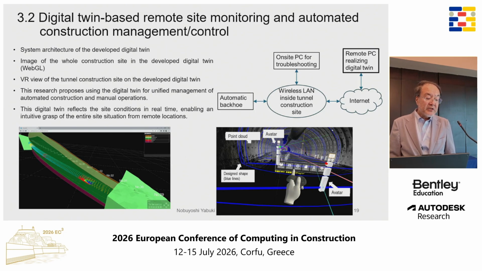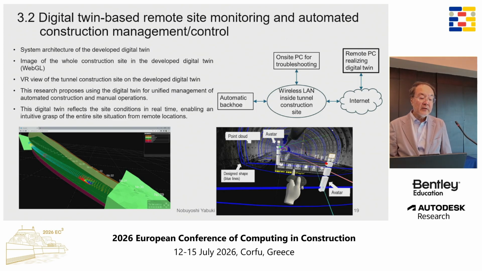As for the digital twin, the above figure shows the system architecture, and it can obtain the current status of the construction site. Remotely, using VR, the engineers can monitor the construction site visually.